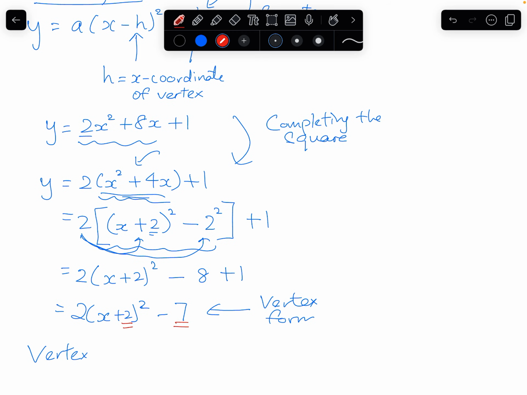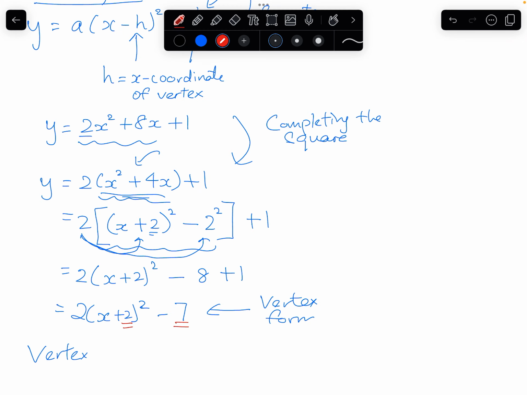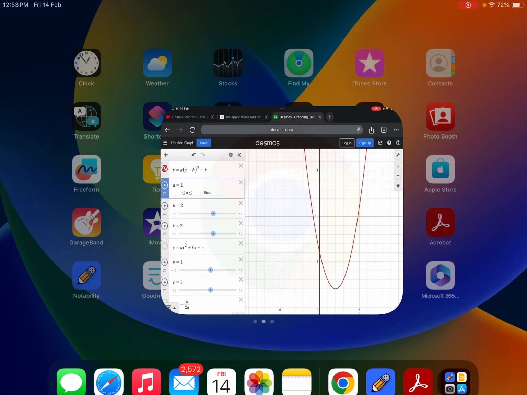Now, I'm going to show you, again with Desmos. I'm going to type this function into Desmos, and I want you to observe something about the vertex. Okay, so it's 2 bracket. I'm just going to remember this one, and I'll put this on Desmos.